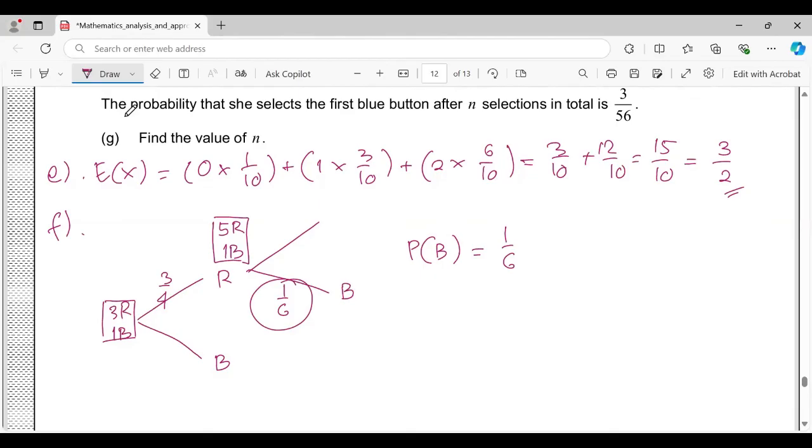Next, the probability that she selects the first blue button after n selections in total is 3 over 56. Find the value of n.